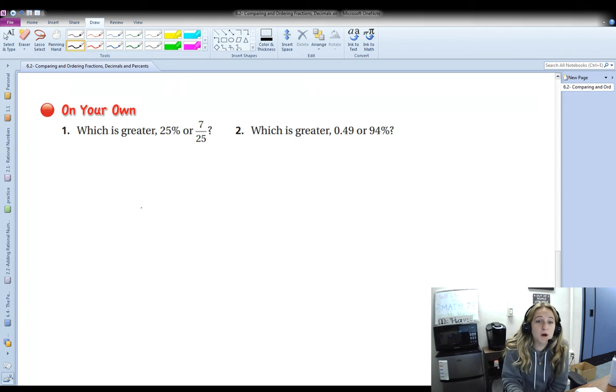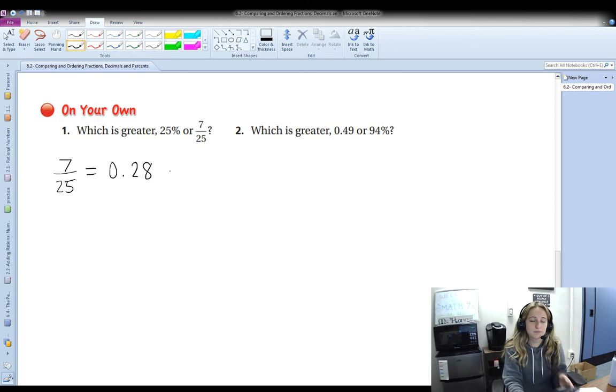Okay, for number 1, which is greater, 25% or 7 over 25? I'm going to do 7 divided by 25 in my calculator. That gives me the decimal, 0.28. To turn this decimal into a percentage, I can either multiply by 100 or move it to the right.